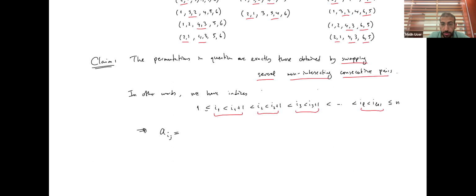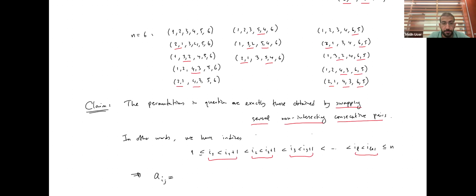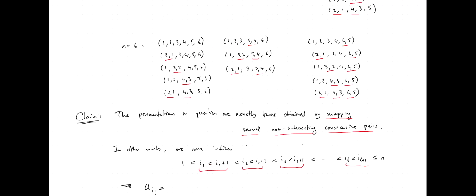Is it understandable what in this index pairs I am talking about? So we just formulated what we said.